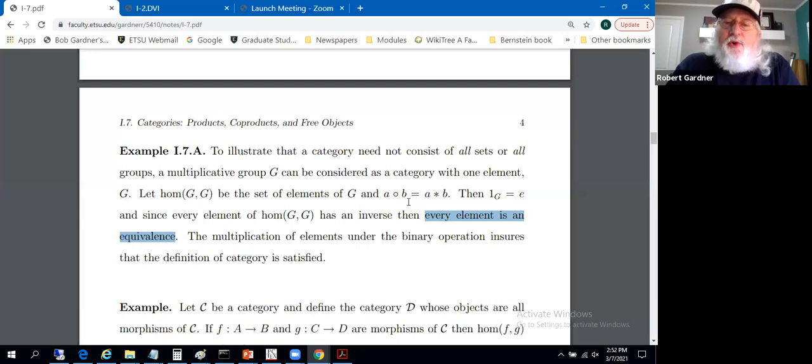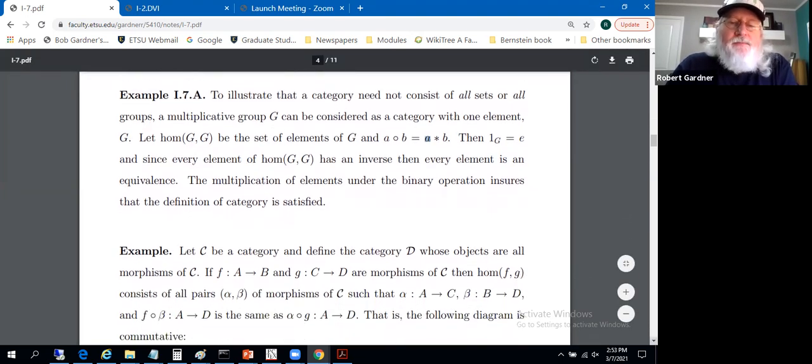If I take a group and multiply it on the left by a single element, it really permutes the elements around. The multiplication of elements under the binary operation ensures all that other stuff that we have a category. You've got the identity stuff. You've got the associativity, right? Binary operations in groups are associative by definition. So there's a slightly more, actually really more exotic example of a category.